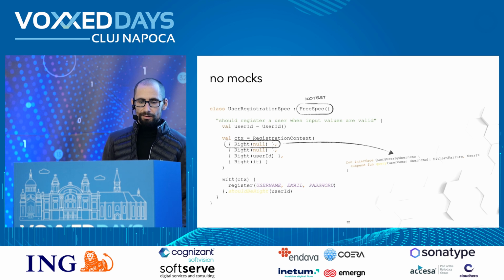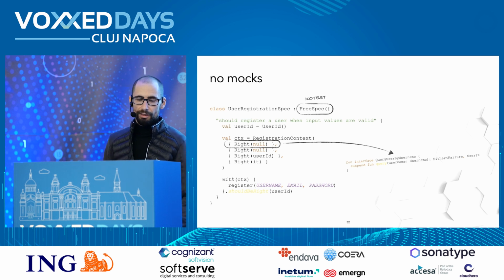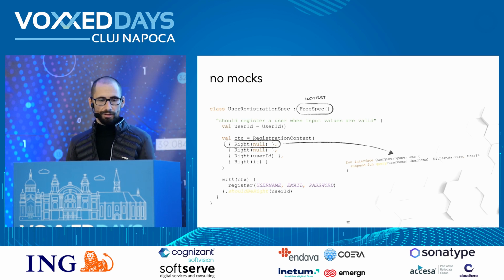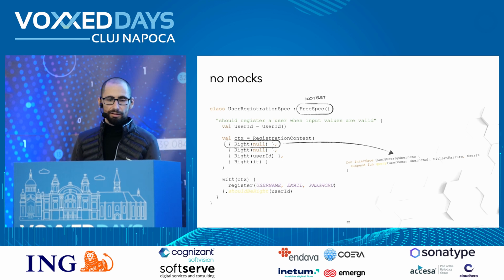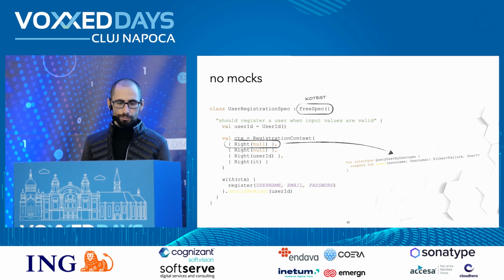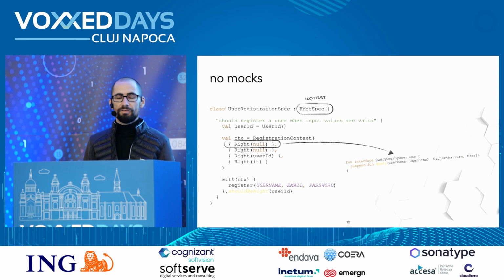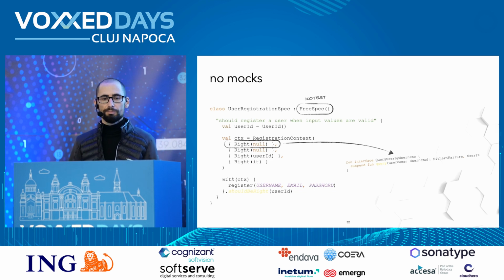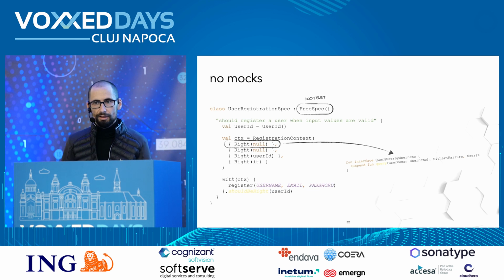Now, another thing you will notice here is a scope function called with. I'm using the with scope function on the registration context that I've defined previously to bring it into scope to be able to call my register function. Now I'm calling the register function as if it was a part of the registration context class, even though it's not.